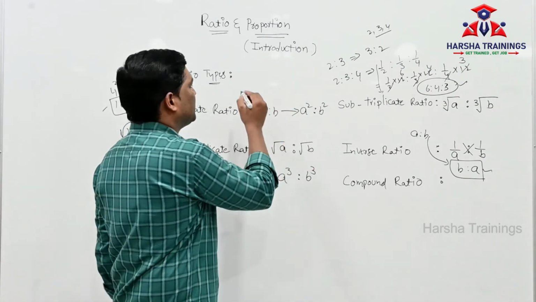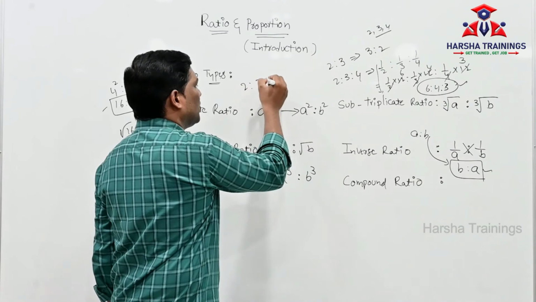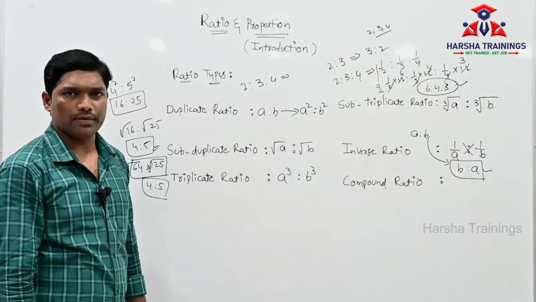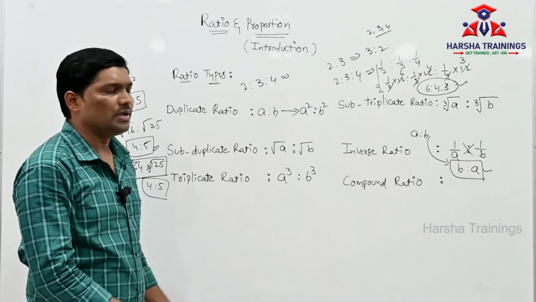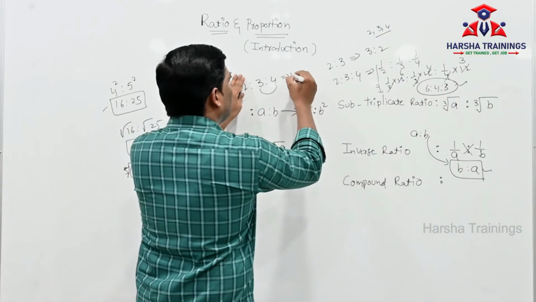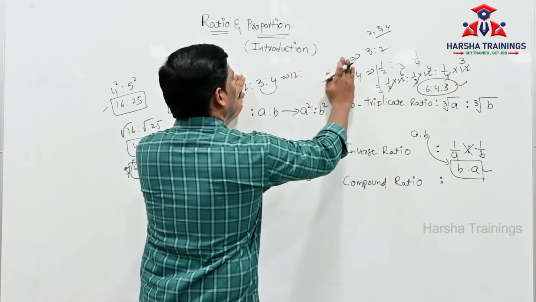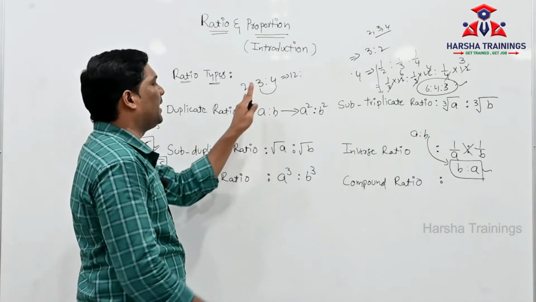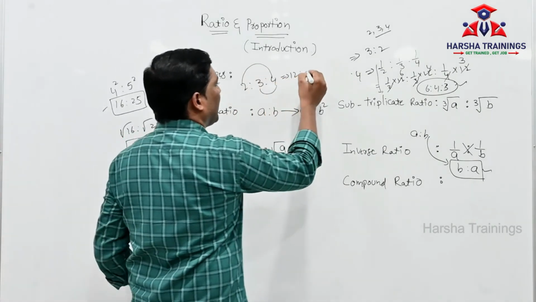Look at the screen, guys. Find out the inverse ratio of 2 is to 3 is to 4. First find out the A value: just close the A, and the remaining is 3 into 4. 3 fours are 12. Find out the B value: just close the B, and the remaining is 2 fours are 8.